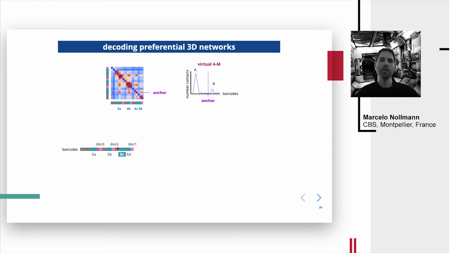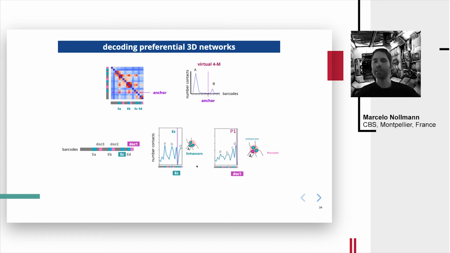And so we can do this analysis by selecting the enhancer C as an anchor. When we do so, we see that the maxima appear specifically at the positions of the other enhancers. So that means that this enhancer C preferentially interacts with the 3 other enhancers on this locus.